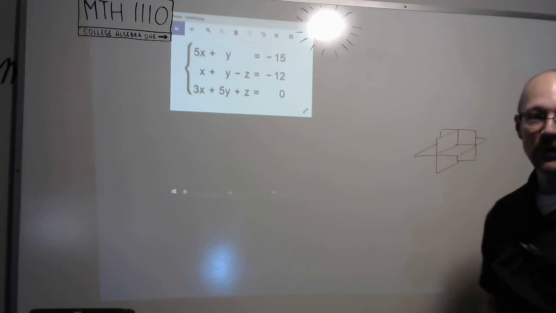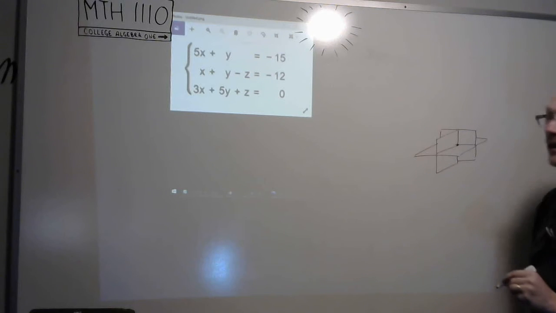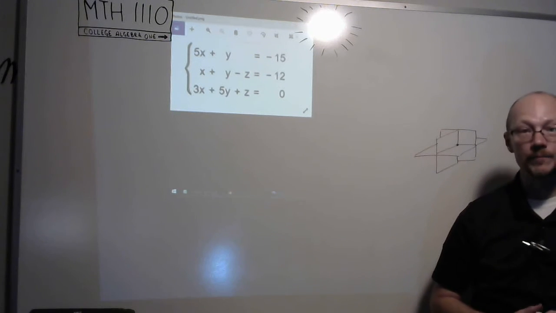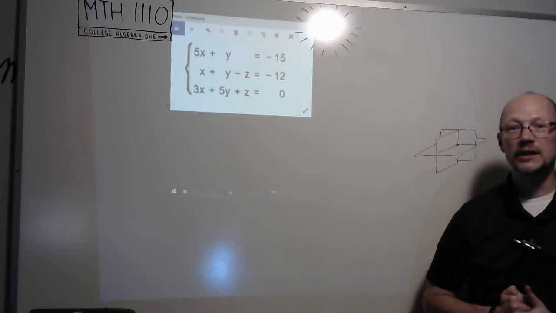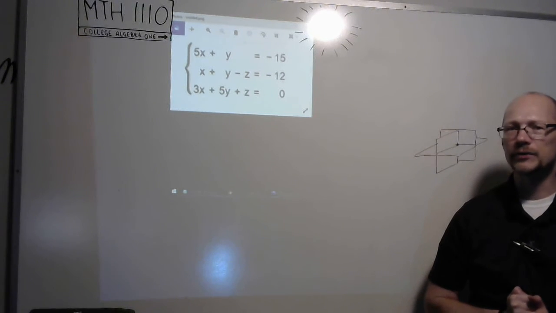And you can see perhaps that there is this one point right there where all three of those planes intersect. Desmos doesn't do 3D graphing, not that I'm aware of. I don't think it does.